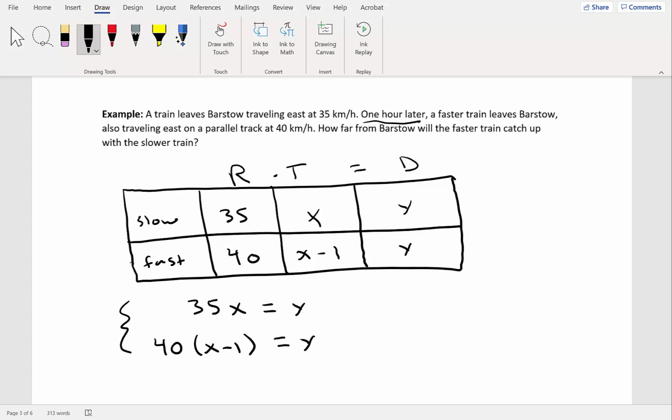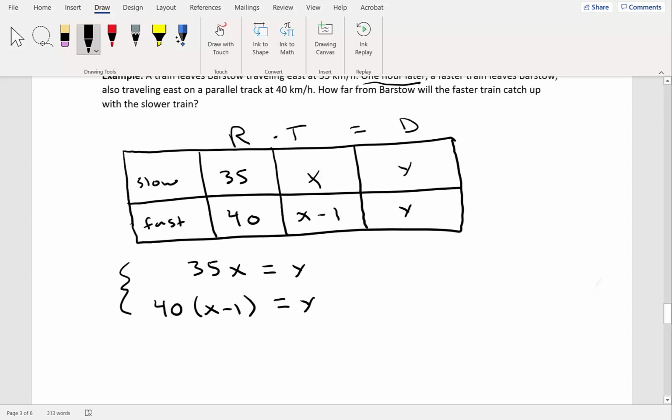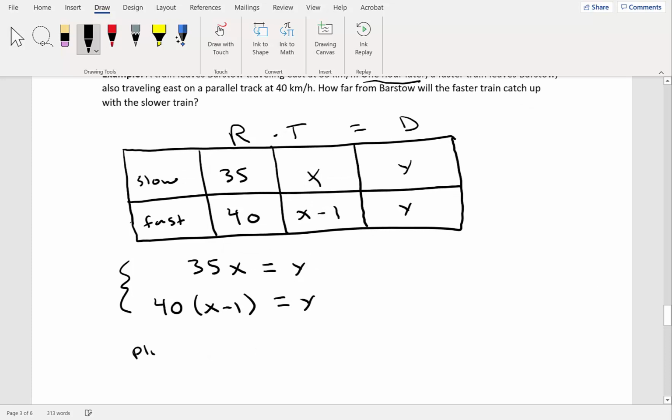And now for this particular problem, since y is already solved for, we already have y by itself, it might be a little bit easier to use the substitution method. So we're going to plug in y equals 35x into the other equation, 40 times x minus 1 equals y.